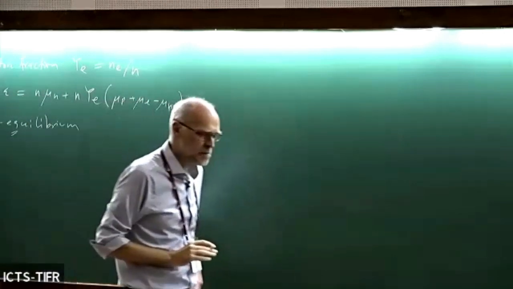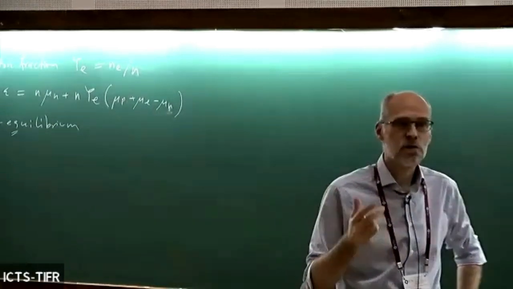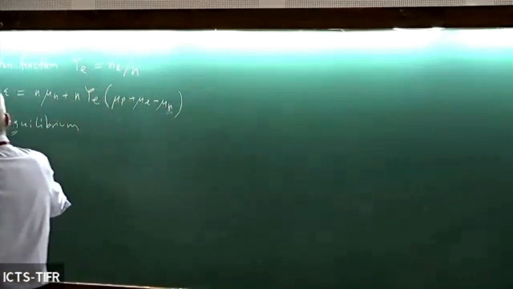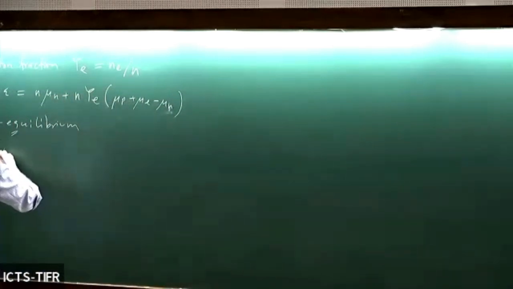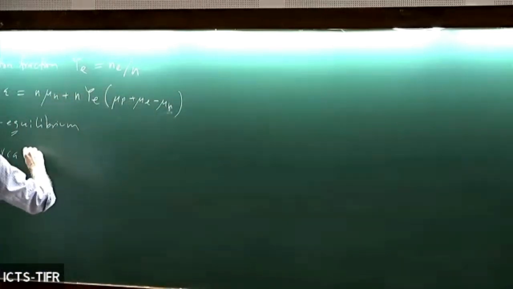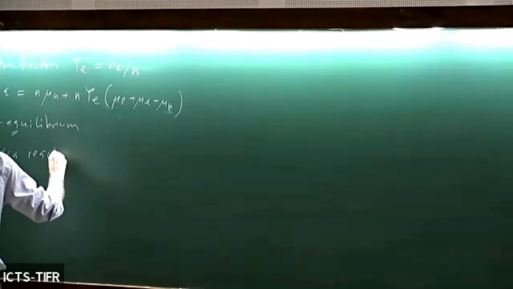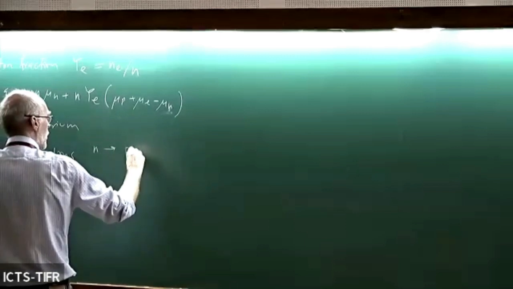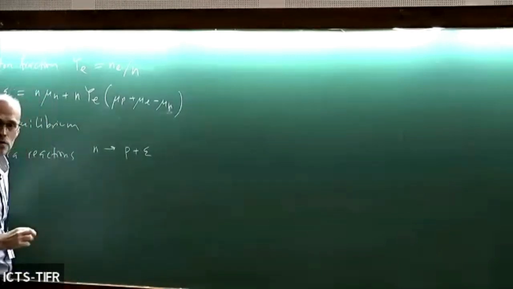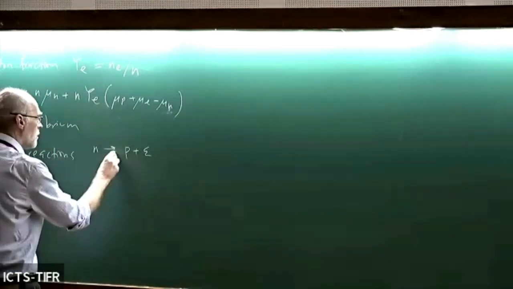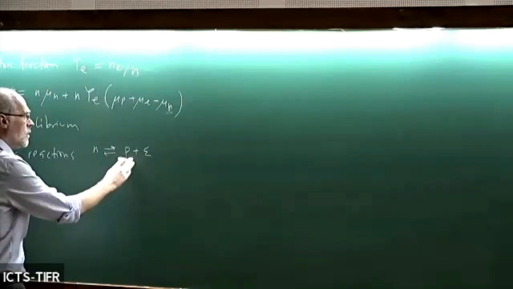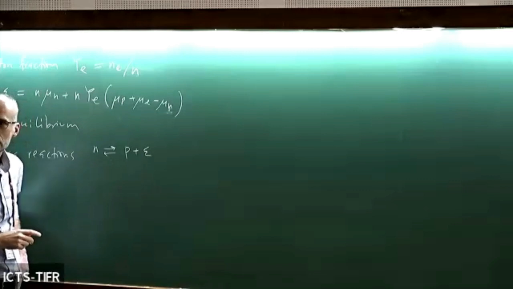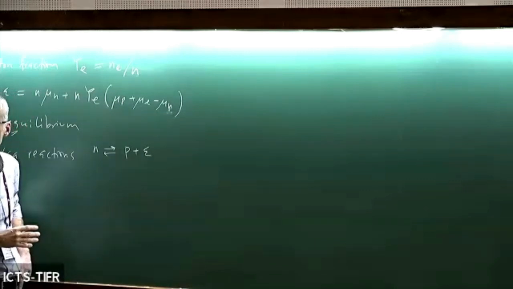if the matter is in beta equilibrium, I only have neutrons, protons, and electrons, then you might know that the Urca reactions, if you know some nuclear physics, which maybe you don't, it doesn't matter, is basically a neutron can decay into a proton and an electron and a neutrino, or protons and electrons can combine into neutrons at the cost of a neutrino.